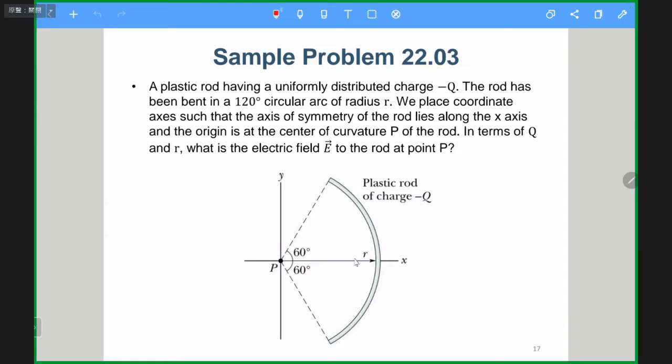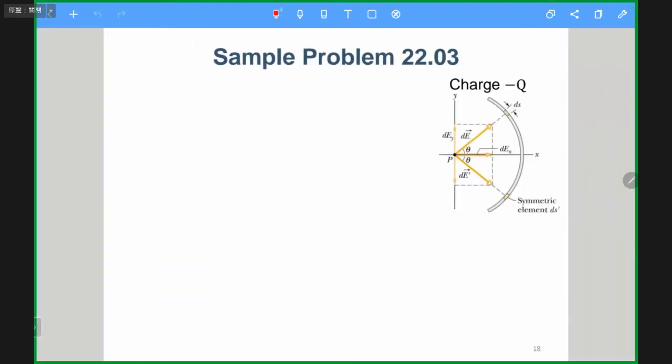So rather than a full circle, a full ring, we only have a part of the ring. In that case, we really need to use integration rather than just a multiplication. So it is like we try to separate this arc into many small segments, for example this one, ds.